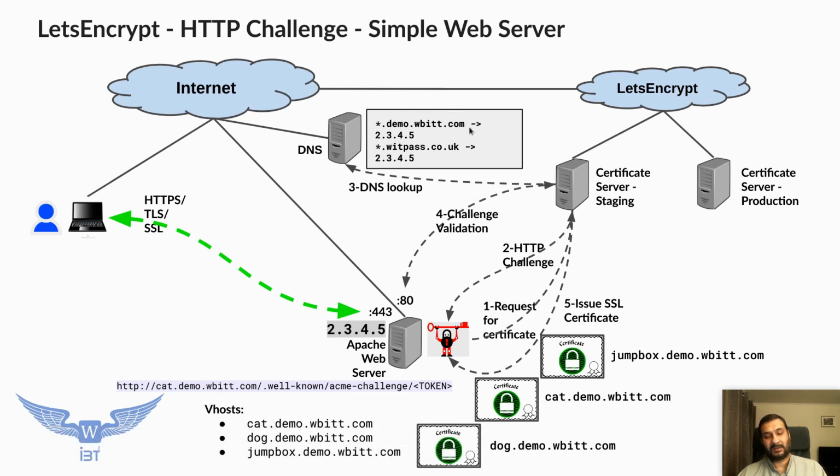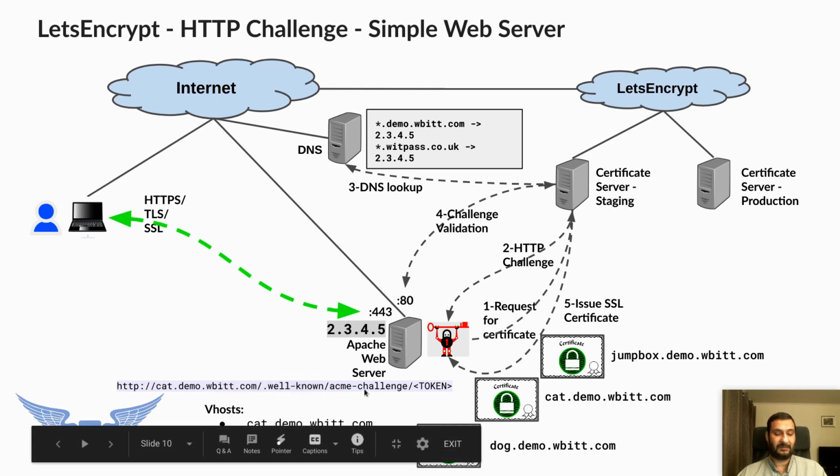So through this description here, you can see that if I try to resolve cat.demo.wbit.com, it will eventually resolve to 2.3.4.5, which is this server. That means this certificate server will come to this web server on port 80 and will try to get this file.